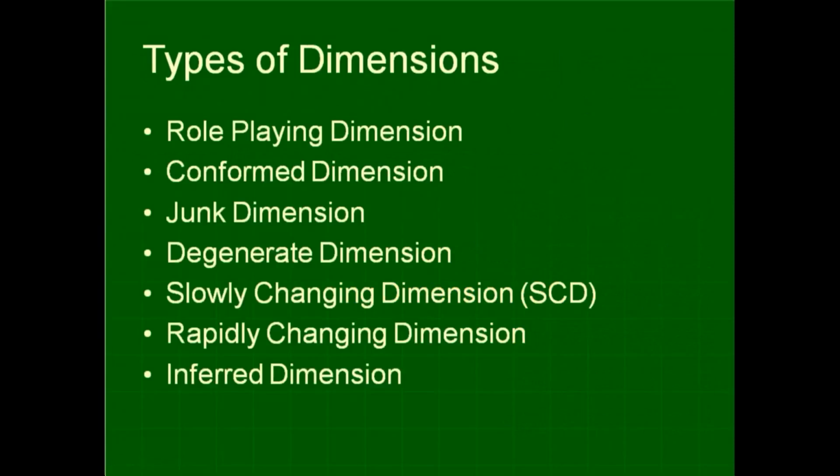Dimension means a table which is going to be storing textual data, string data. Conformed dimension, junk dimension, degenerate dimension, slowly changing dimension, rapidly changing dimension, inferred dimension. There are thousands of varieties of dimensions available as part of your data warehousing. Clear? Very, very, very important interview question.